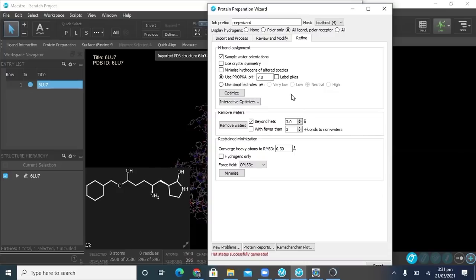First of all, before minimization, we will do optimization. So we will click on optimize. This will assign hydrogens to the protein as well as the ligands, because hydrogens are very compulsory to make hydrogen bonds and other hydrophobic interactions.